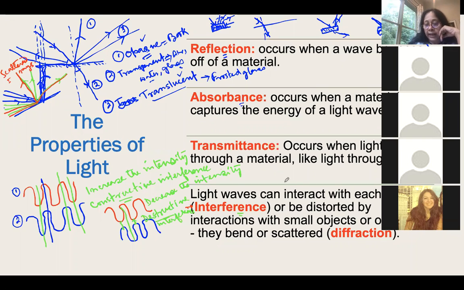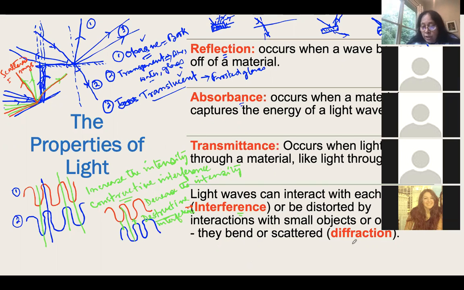Basically, when two lights fall onto each other, either they add up their intensity with each other and increase their intensity, or they minus out each other's intensity. And in that case, that's the destructive interference.